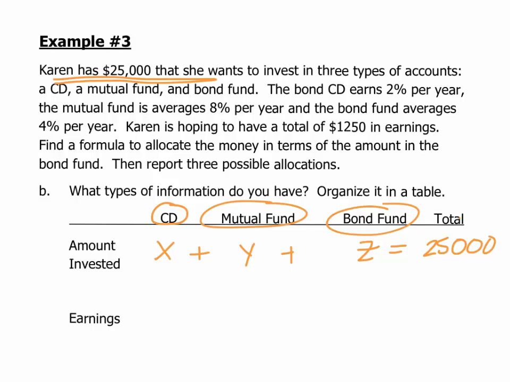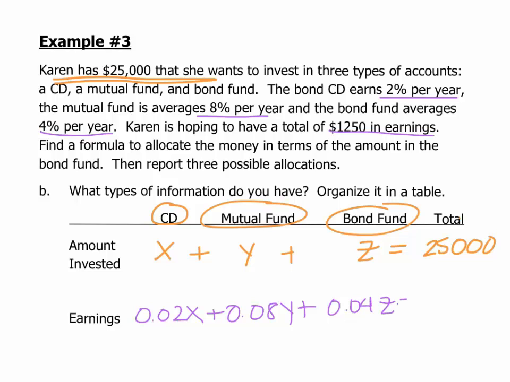Next, we have information about the earnings for each type of account. We know the CD earns 2%, the mutual fund averages 8%, and the bond fund averages 4%, with the amount of earnings total needing to be $1,250. So we can write the equation 0.02x, this is the earnings from the CD, plus 0.08y, this is the earnings in our mutual fund, and 0.04z, this is the earnings in our bond fund.